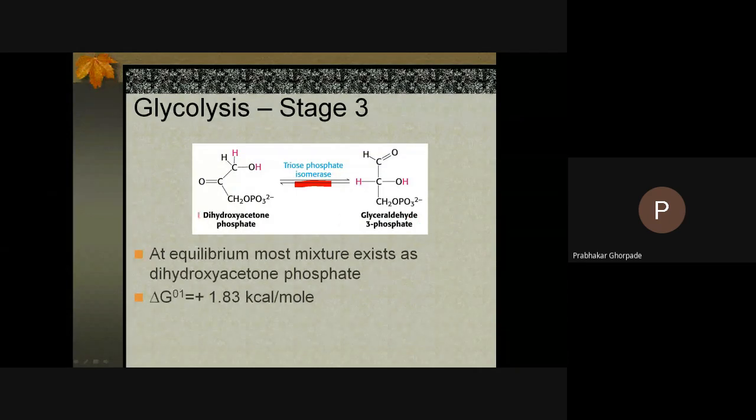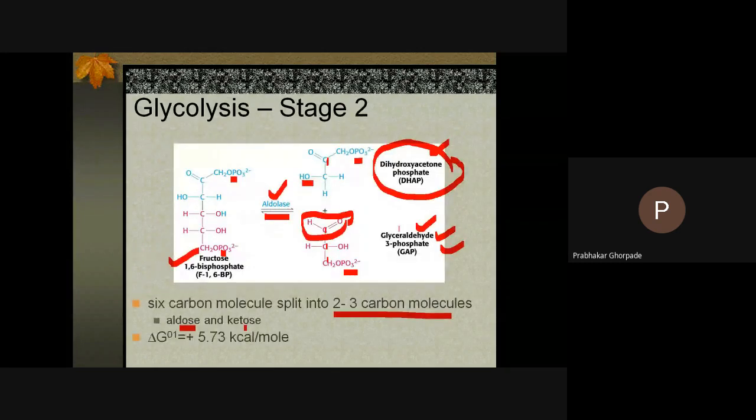So this molecule can get converted into this glyceraldehyde 3-phosphate. Basically, with triose phosphate isomerase, this molecule can get converted into this molecule or vice versa. So dihydroxyacetone phosphate is getting converted into glyceraldehyde 3-phosphate.